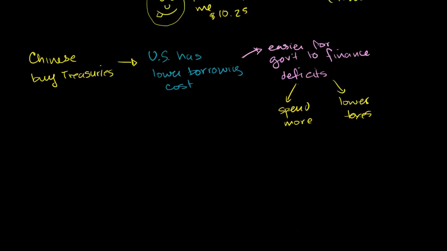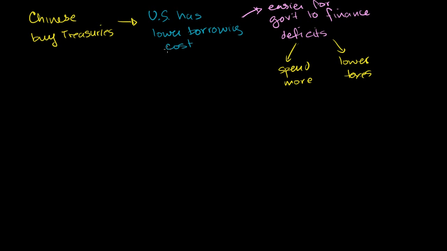So 10-year and 15-year and 20-year debt for the U.S. becomes cheaper. But this makes all debt in the U.S. cheaper. And there's two ways you can think about why this happens. One is just on a very superficial level.